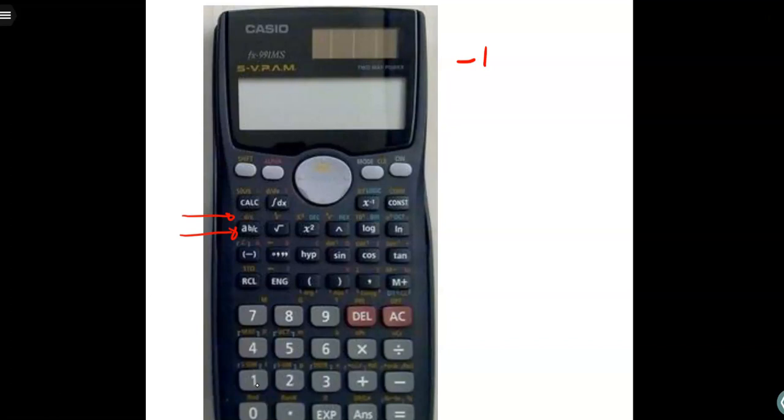Then I press this key right here, and it will give me that little symbol like this. Then I will press 2. Now I'm going to subtract, which means you press this key as subtract. And then I press 6.